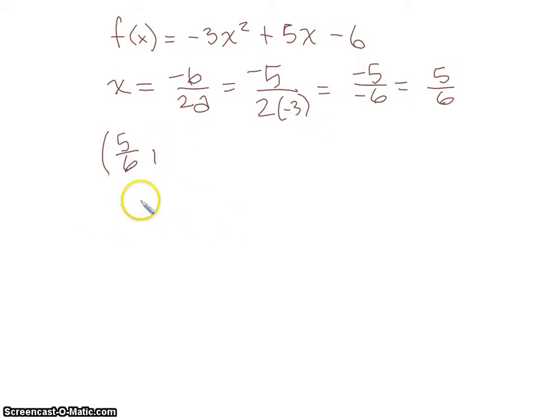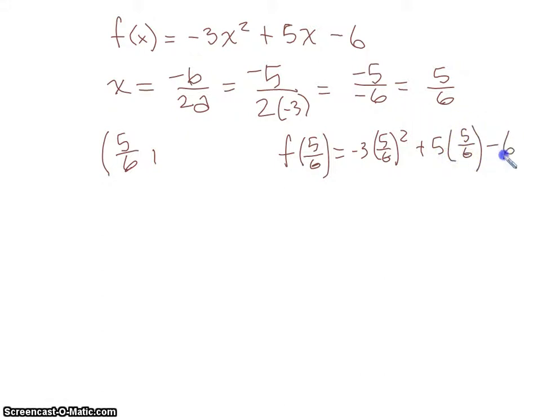To find the y-coordinate, take my function f and substitute 5/6. So I'm going to take -3 times 5/6 squared plus 5 times 5/6, take away 6.